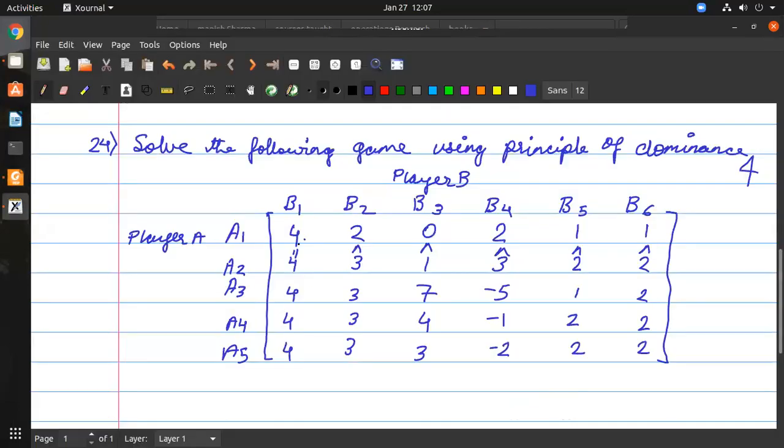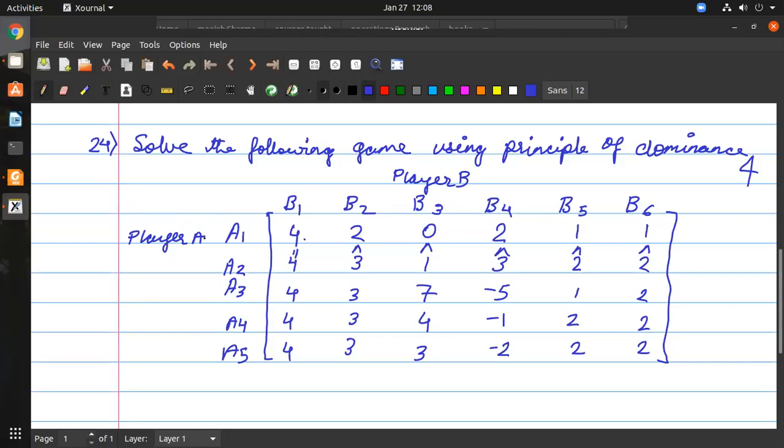Correct? So now A2 is dominating A1, or A1 is dominated by A2. Can I say it like this? Yes, sir.